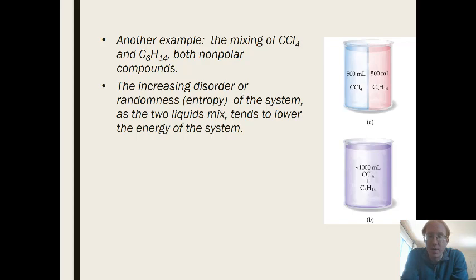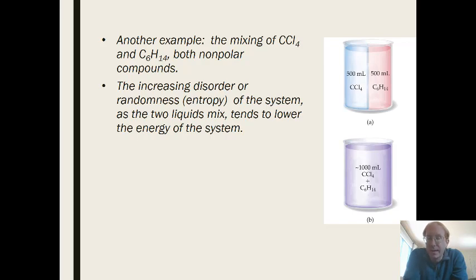And here, the only type of IMF I'm dealing with are London dispersion forces, because these are both nonpolar compounds. So the delta H values are very, very small. Delta H1, delta H2, and delta H3 are very small. So much so that delta H3 probably isn't big enough to overcome the sum of delta H1 and delta H2, which means the delta H for the solution is probably going to be endothermic in most cases for mixing two nonpolar compounds.